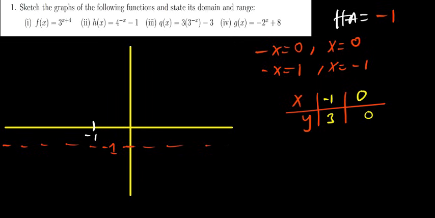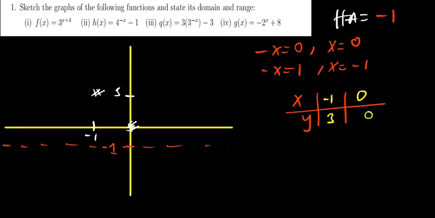In y we have got 3 and 0. So 0 is here, then I have got 3 here. Negative 1 comma 3 is there. Then 0 comma 0 is there.